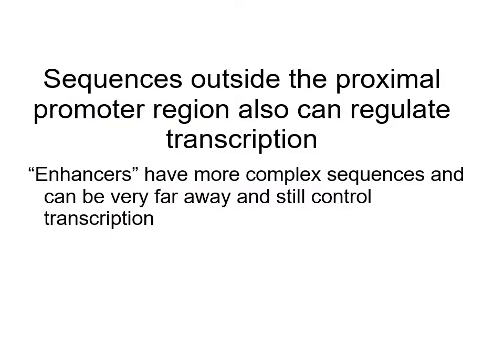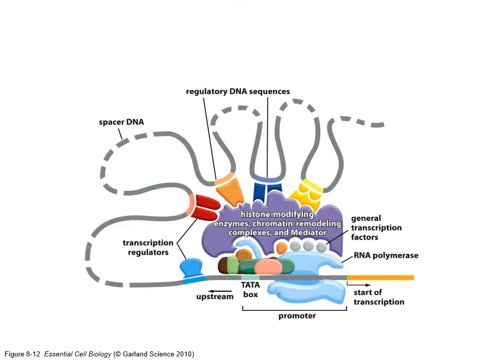Okay, it's also the case that sequences outside the proximal promoter region can also regulate transcription, either in a positive or negative manner. Enhancers have much more complex sequences and can be very far away and still control transcription. Here's a picture from the Cell and Molecular book showing this. We have the RNA polymerase, the blue thing, sitting down at the promoter. We have a bunch of transcription factors which have assembled at the TATA box.